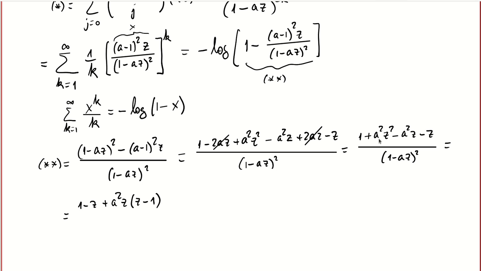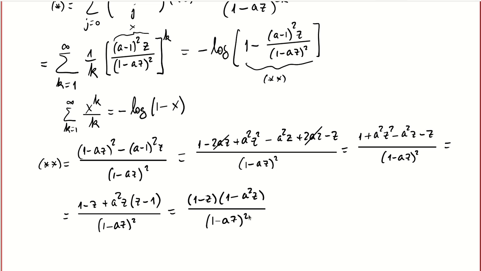Because there's a squared z squared here, that's the first term, and there's minus a squared z. And you see this factor is equal to this one with the opposite sign, so actually the numerator has this factorized form, 1 minus z times 1 minus a squared z, over 1 minus az squared.